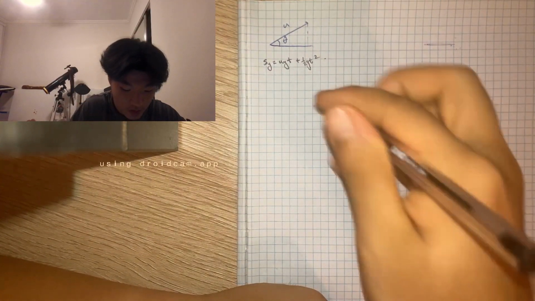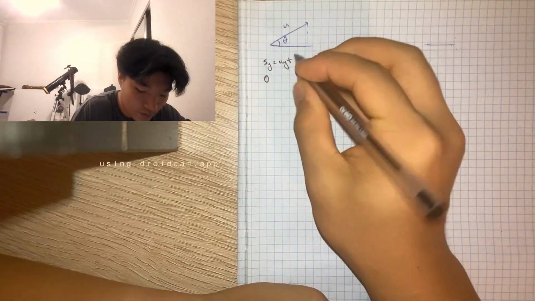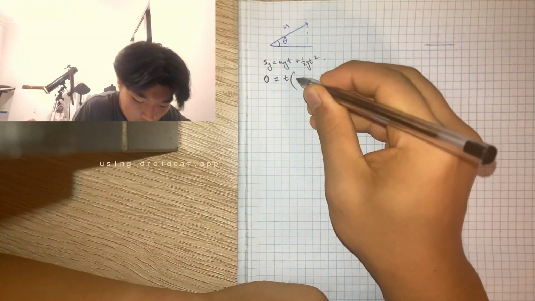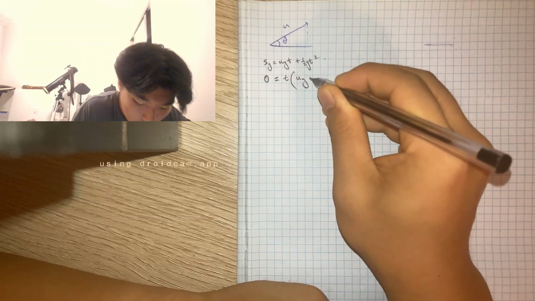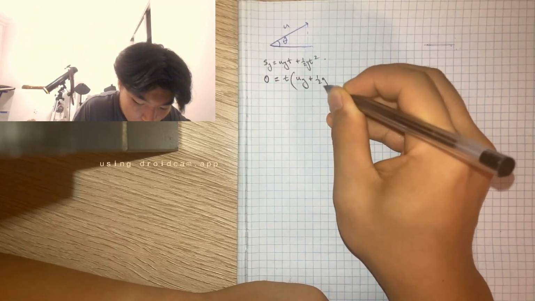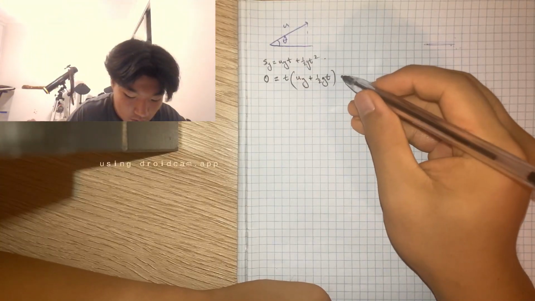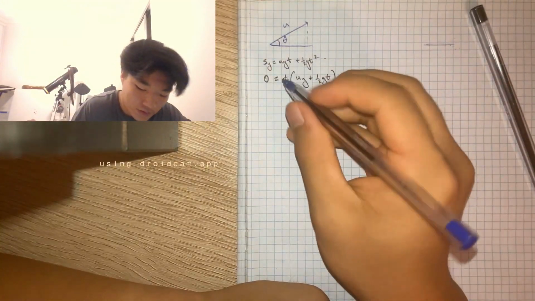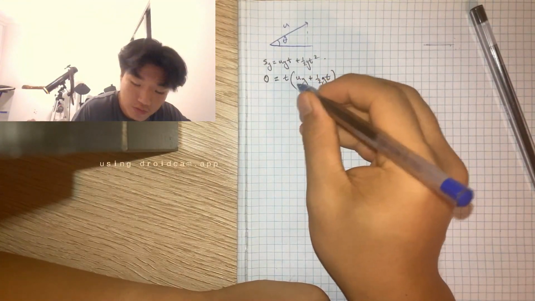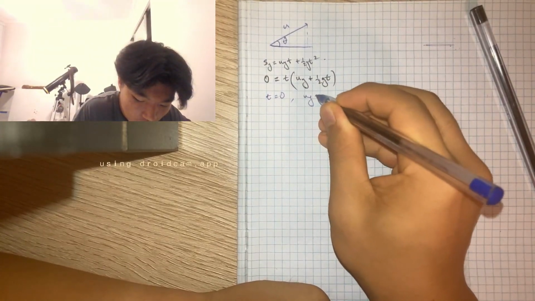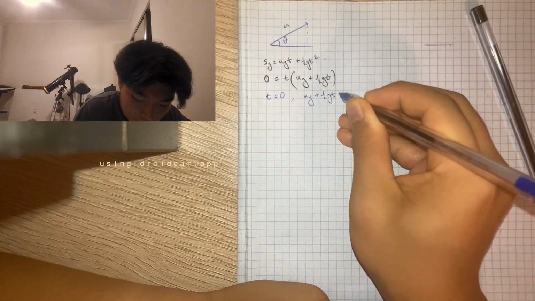In this case, like we mentioned, S of y, the vertical displacement, is 0. We can factor out t from both terms. Then using the null factor theorem, because there's a product of two variables and it equals 0, one of them needs to equal 0. It's one or the other.